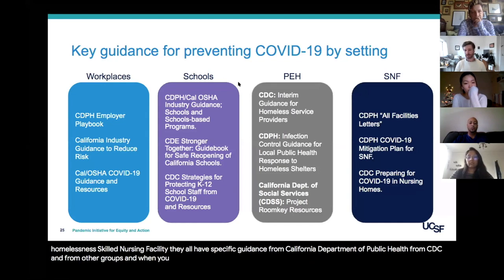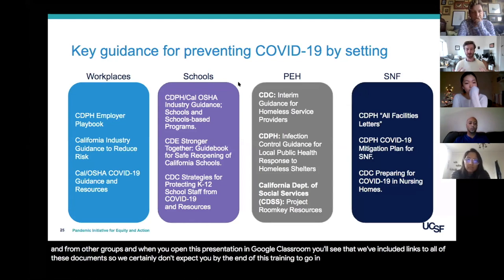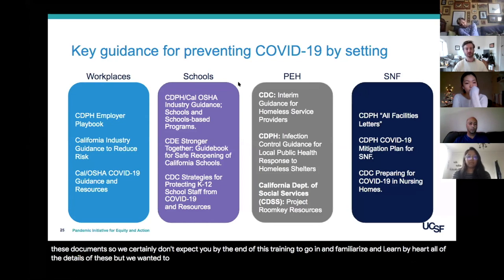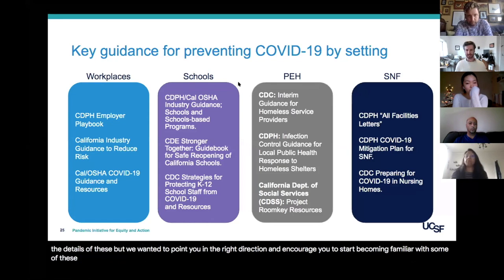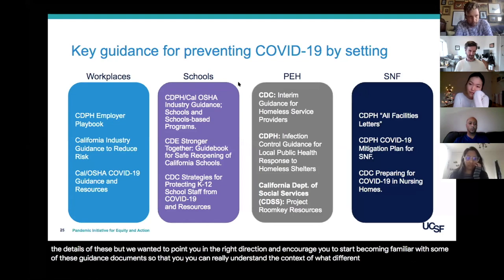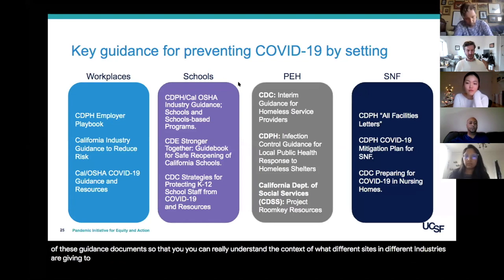When you open this presentation in Google Classroom, you'll see that we've included links to all of these documents. We certainly don't expect you by the end of this training to learn all of the details of these by heart, but we wanted to point you in the right direction and encourage you to start becoming familiar with some of these guidance documents, so that you can really understand the context of what different sites and different industries are doing to prepare for and prevent COVID infections.